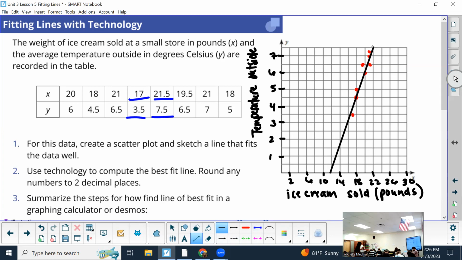But again, that's a bit more time consuming. If you are taking your test and you need to compute a line of best fit, so we're on to number 2 now, I highly recommend using technology. You won't be able to use technology in all situations, which is why we still showed you how to do it by hand yesterday. So I'm gonna switch for a second.